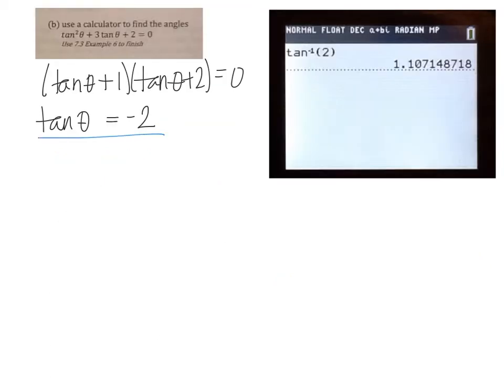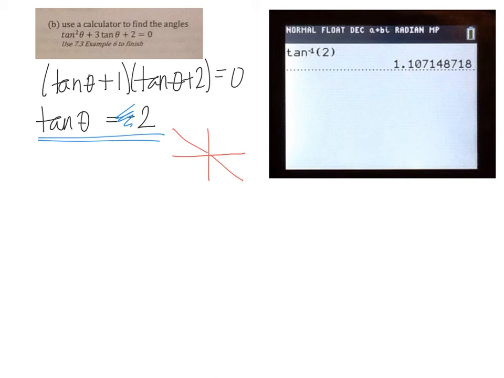So we're going to focus on this equation right now, and again, like I said, we're going to need our calculator. So I'm going to start by recognizing that tangent is going to be negative in quadrants 2 and 4. So once I address the quadrant issue, I don't care about this negative sign anymore, and I don't want to use that in my calculator when I find my reference angle.